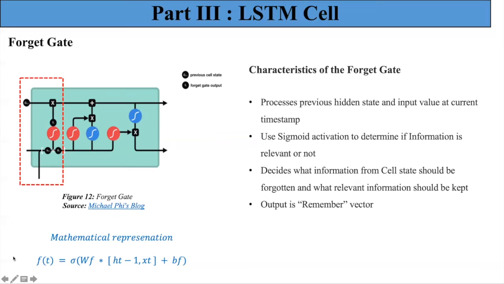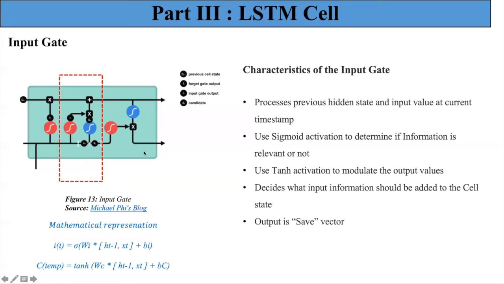The mathematical function is shown here, and the output of the forget gate is also called the remember vector, which is a vector of all the values based on the sigmoid output applied to the cell state.